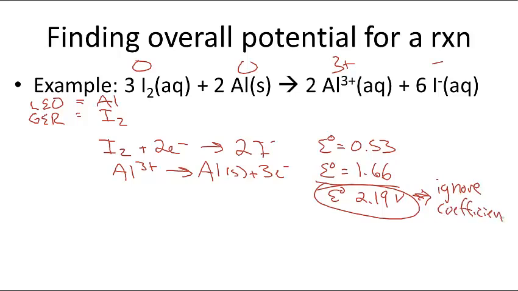You don't multiply by anything. This is the one time where you ignore the coefficients. So you might think, oh, I should have 3 times 0.53 and 2 times 1.66 to get my E naught. You just look at the individual half reactions, regardless of the coefficients. Where we will start worrying about the coefficients is when we start counting electrons.